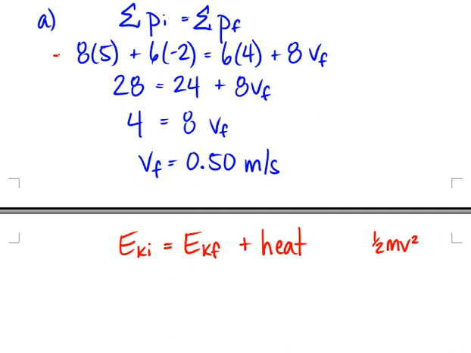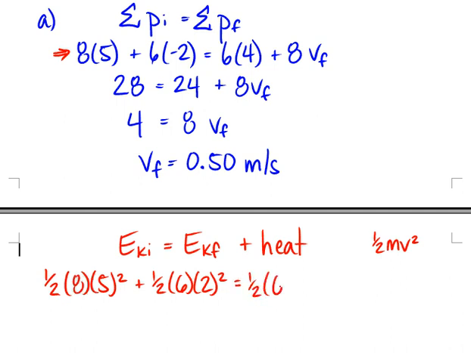So we're going to look back at this line right here and just start tacking on some 1/2s and some squares on the v's. A little bit longer this time. 1/2 times 8 times 5 squared. Plus, I'm going to cheat a little bit here again, 1/2 times 6. I'm going to call this just 2 squared, so I don't have to worry about the brackets on the negative in my calculator.